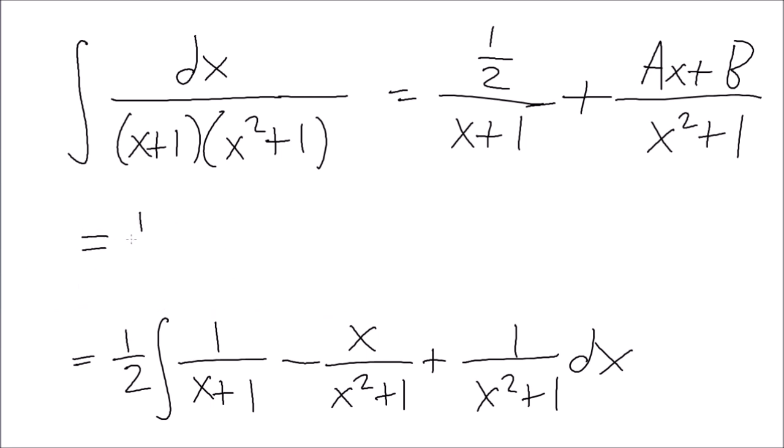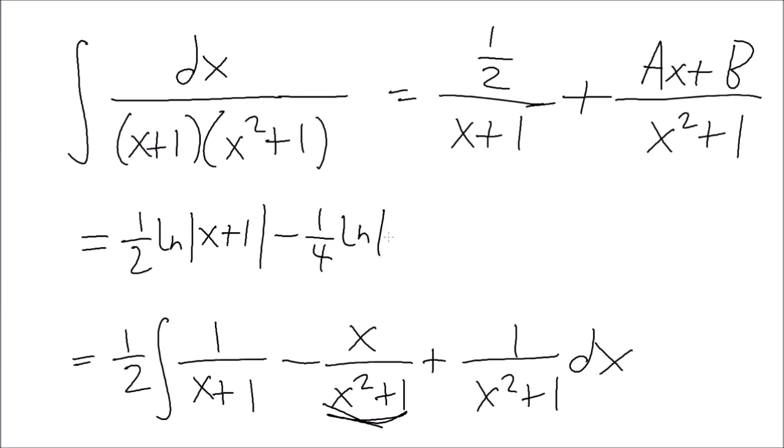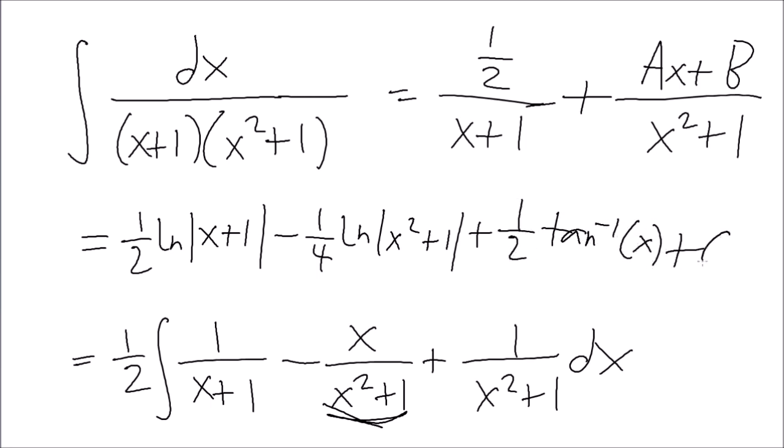This is a half ln of x plus 1, right? This is a u substitution, but I'll just go ahead and dive right into it. This is minus 1/4 ln x squared plus 1, and then we have a half of inverse tangent plus c.